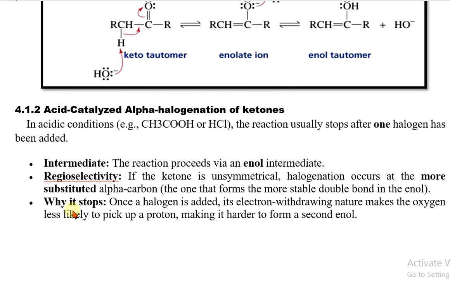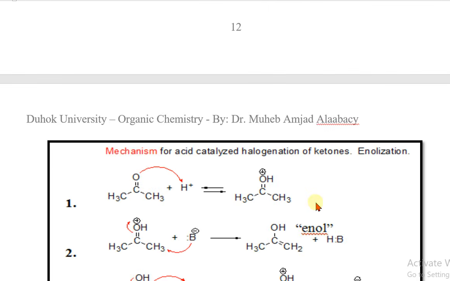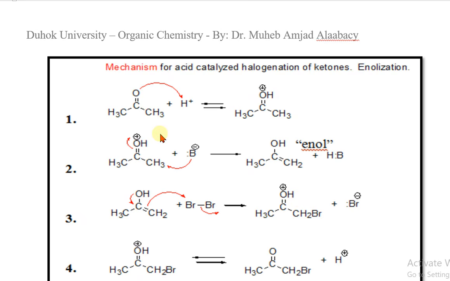Why does it stop? Because once one halogen is added, its electron-withdrawing nature makes the oxygen less likely to pick up a proton, making it harder to form a second enol. So look, when the first halogenation occurs, the oxygen takes a proton, then a base removes the alpha proton to give you the enol form.